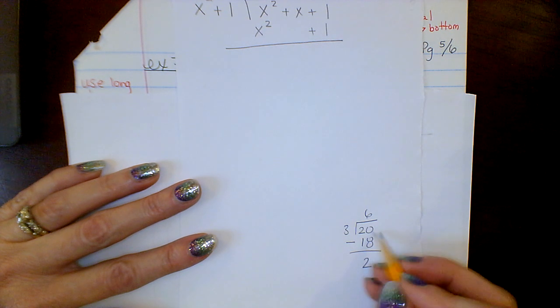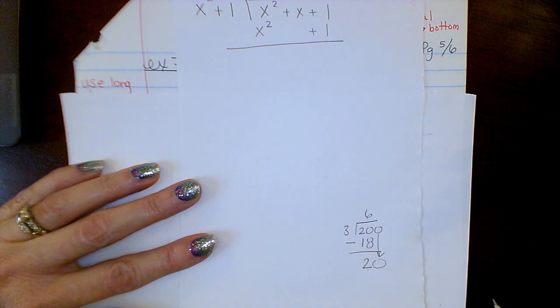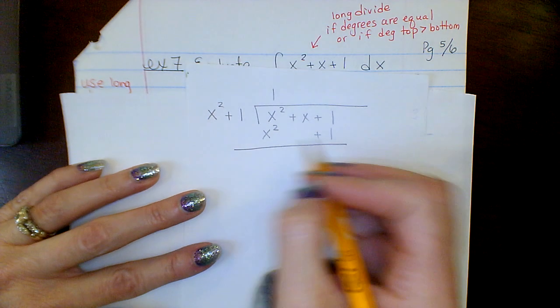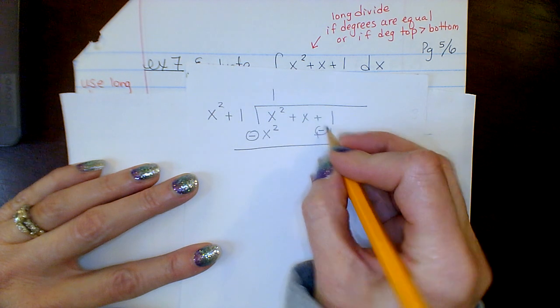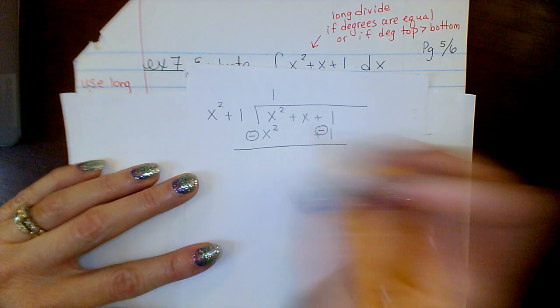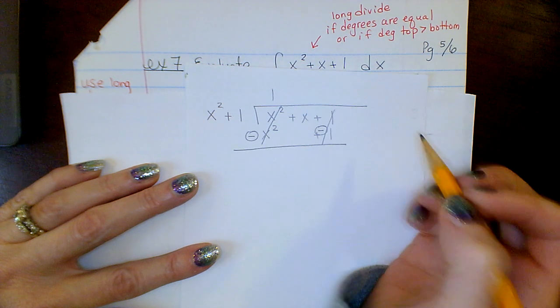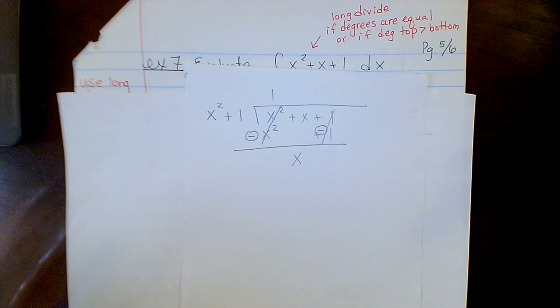After that, if I had another number here, let me just say I had 200, then I would bring down. Same thing here. The next step here is to subtract. So I subtract by changing the bottom row of signs. That's 0. Ooh, that one just so happens to be 0. And then this x plus 0 is just x.